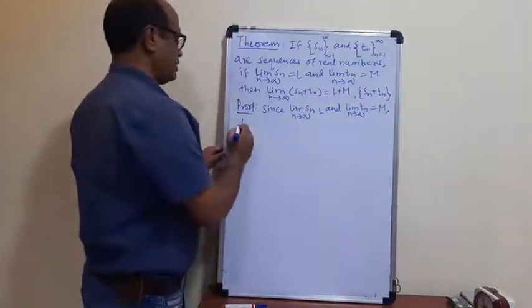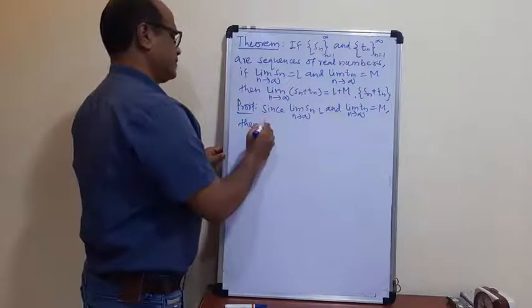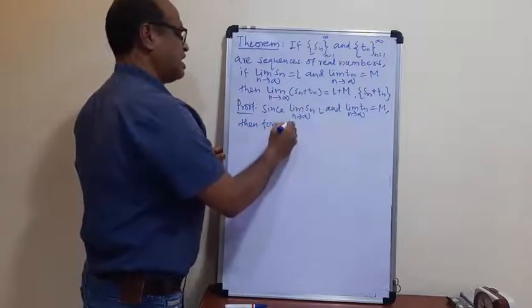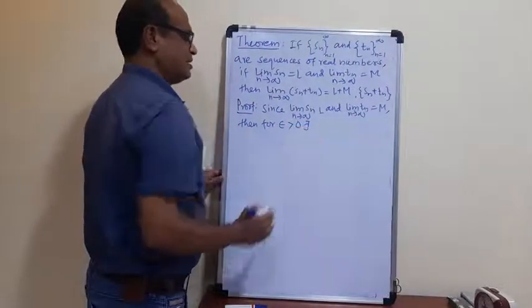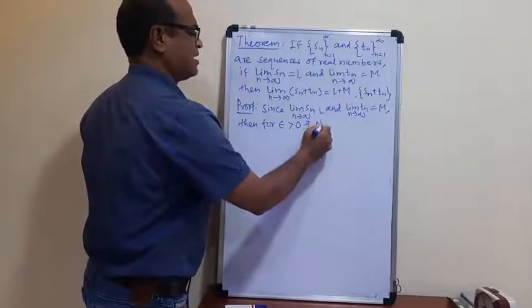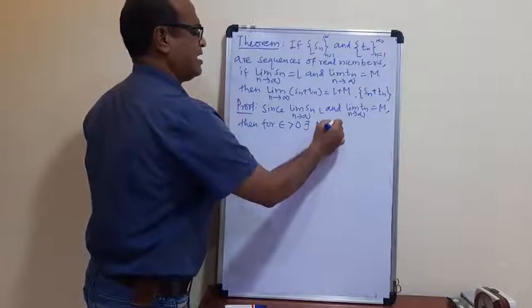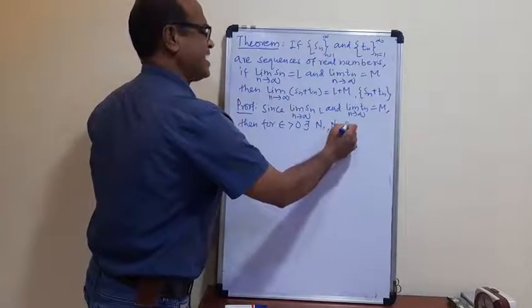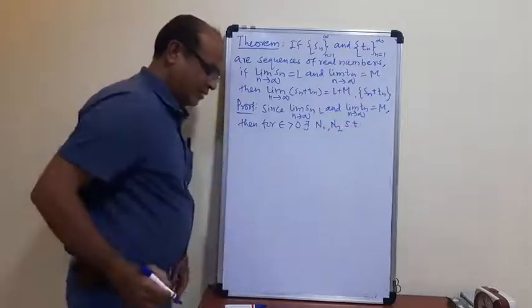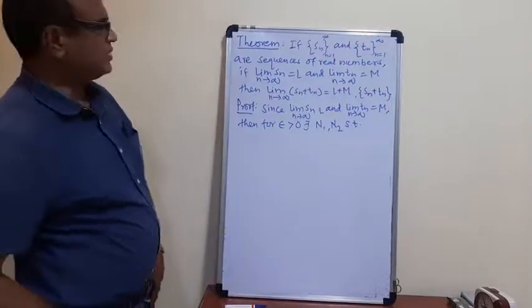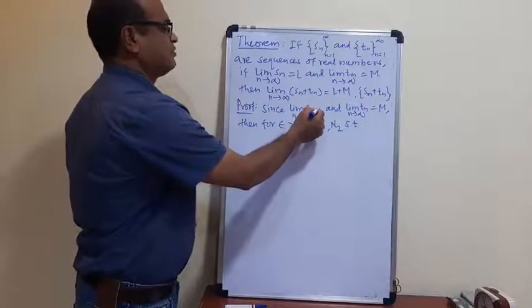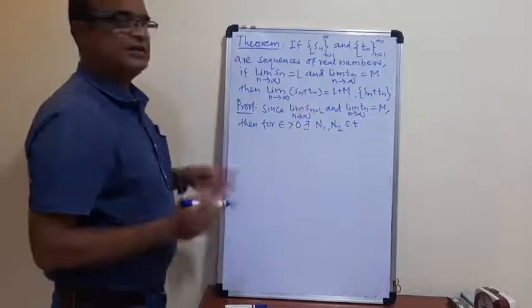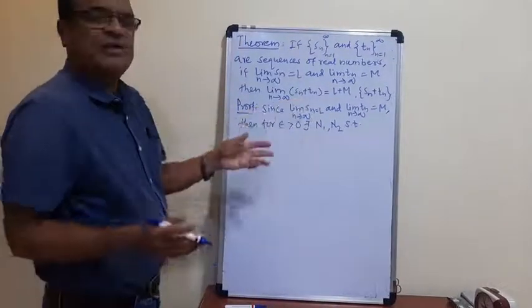For epsilon positive, there exists n1, n2 such that... So what is the definition of convergence of a sequence? That is the definition of limit.